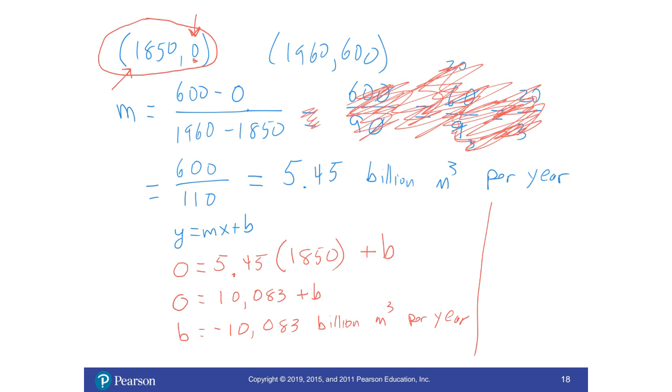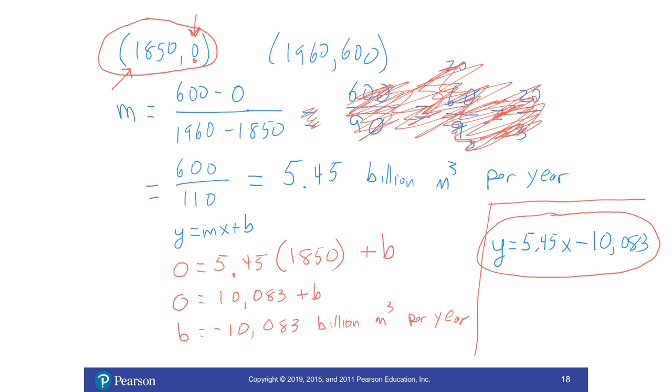So putting that all together, our final equation is y equals slope, which is 5.45x, plus my y-intercept. It's a negative, so I have a subtraction, minus 10,083. And this is my linear model. This is my linear model that tells us how much oil is used, cumulatively, how much oil is used every year.